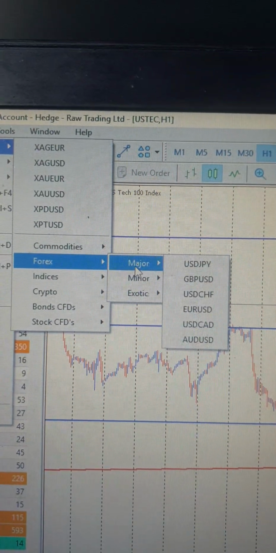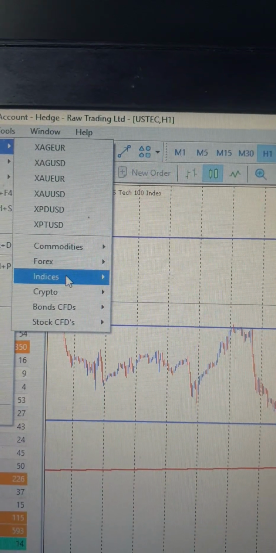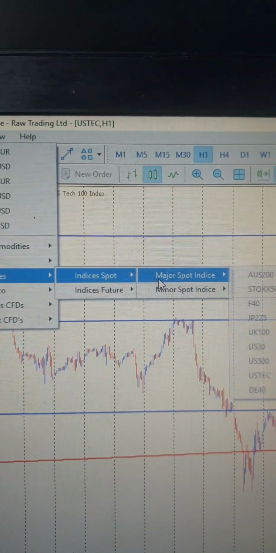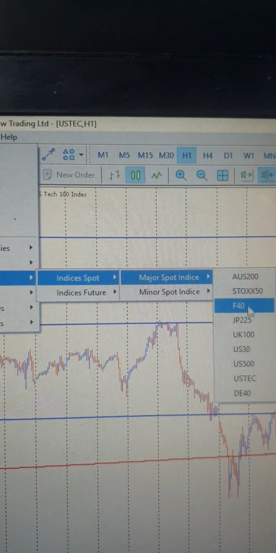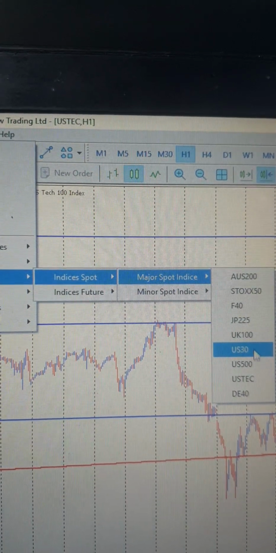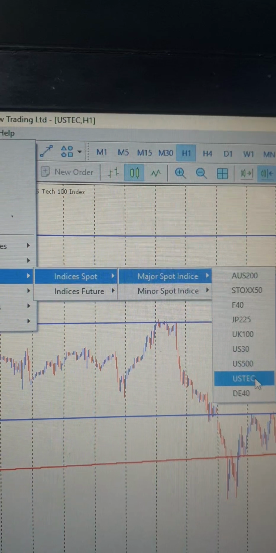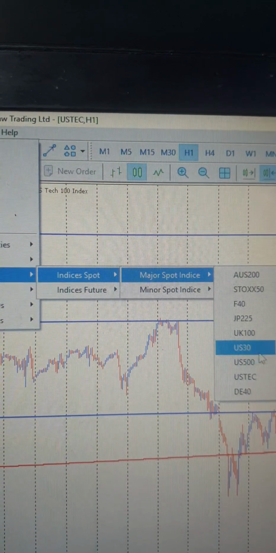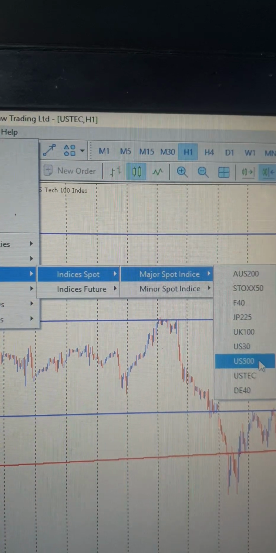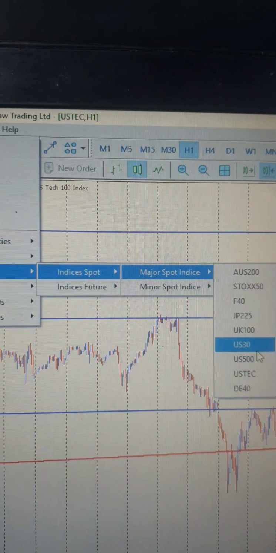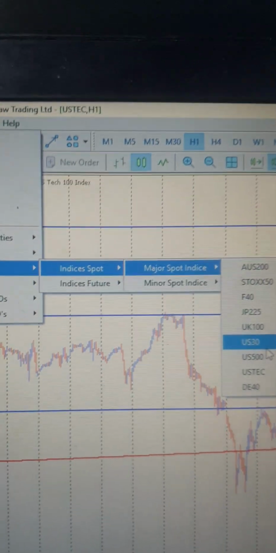I trade mostly major. Then you have indices, where you have the major spot indices. That's where you'll find the US 30. So they are indices: the US 500, and you take these three. These are the ones I can actually trade. I want to choose between these three, and finally take the one that suits my trading style.